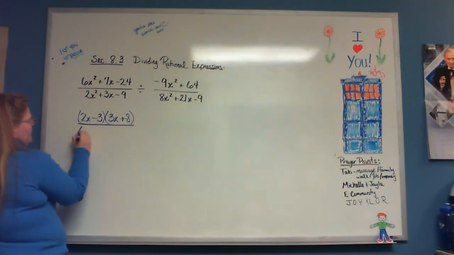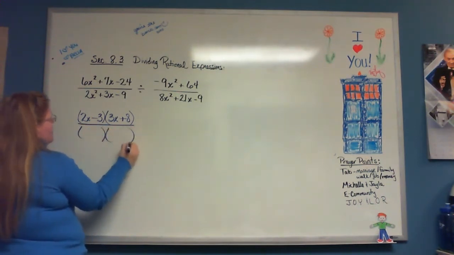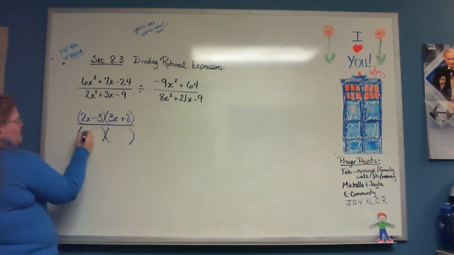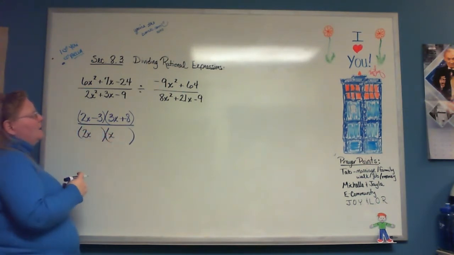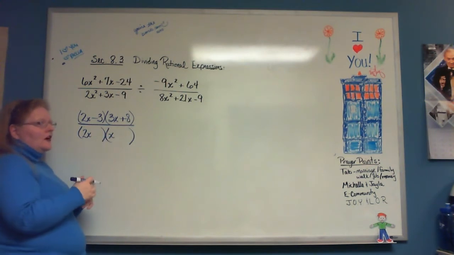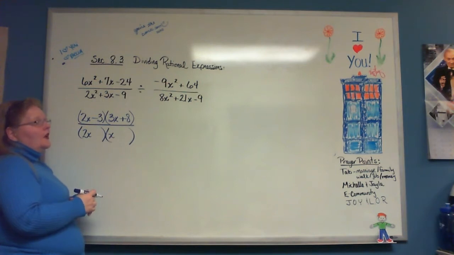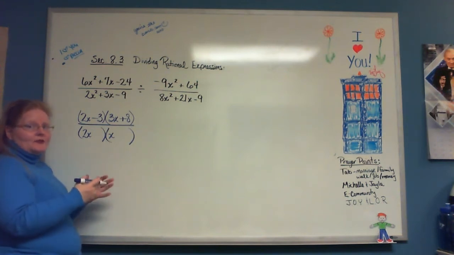For this one, we know we're going to have a 2x and an x. Now, if you'll recall a conversation we had, gosh, for you it's probably been a whole week ago. The whole point of this is to be able to cancel some stuff out.